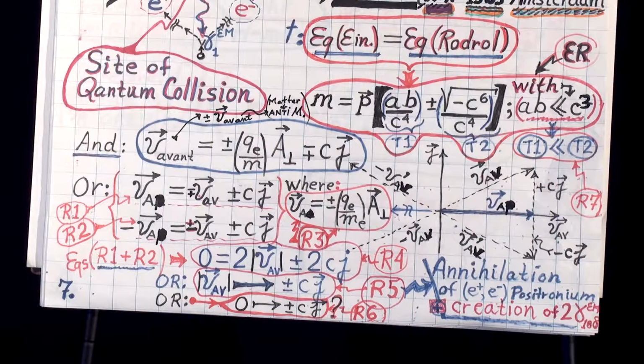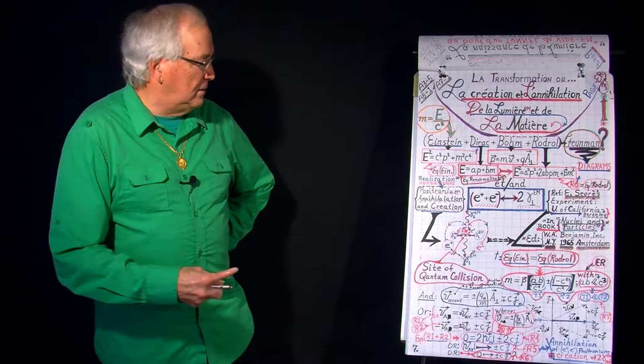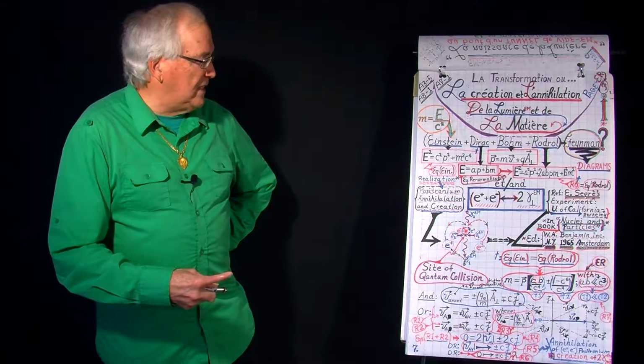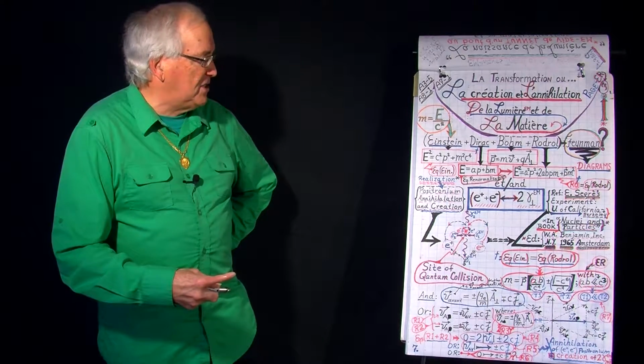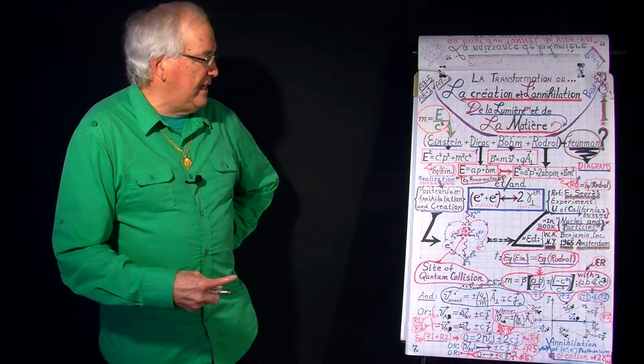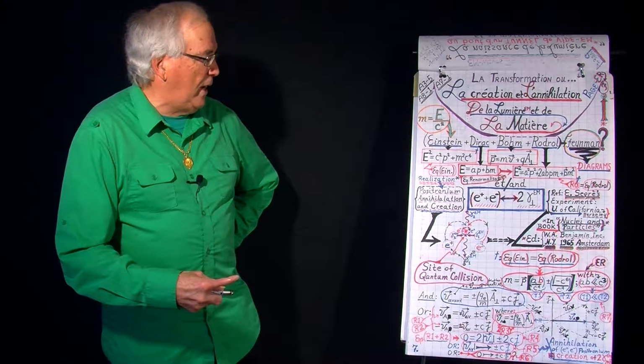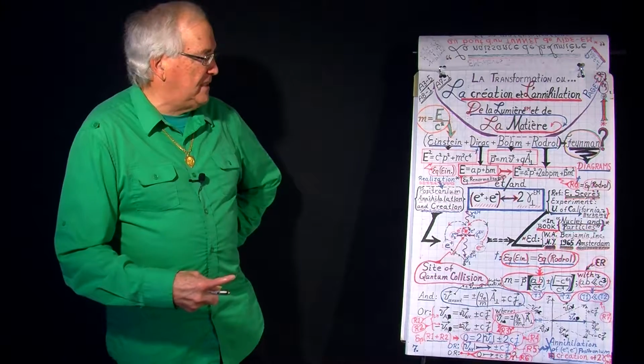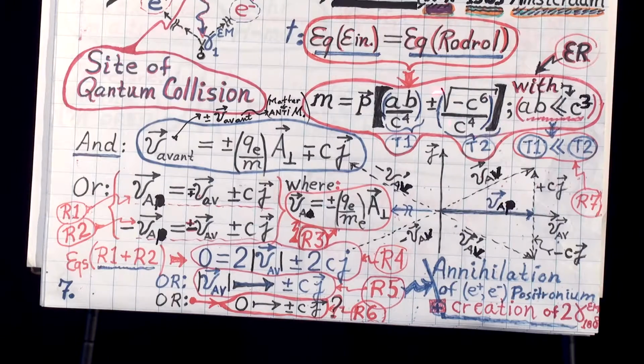If we just suppose that A is much smaller than C and B much smaller than C squared, we end up that this term is negligible and this term here will be dominant.